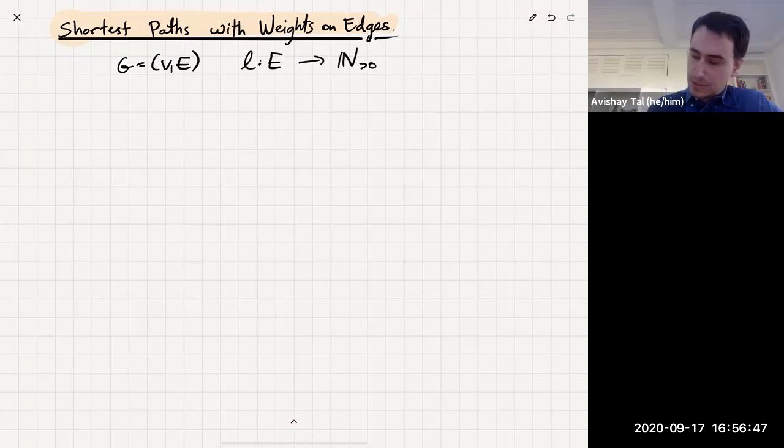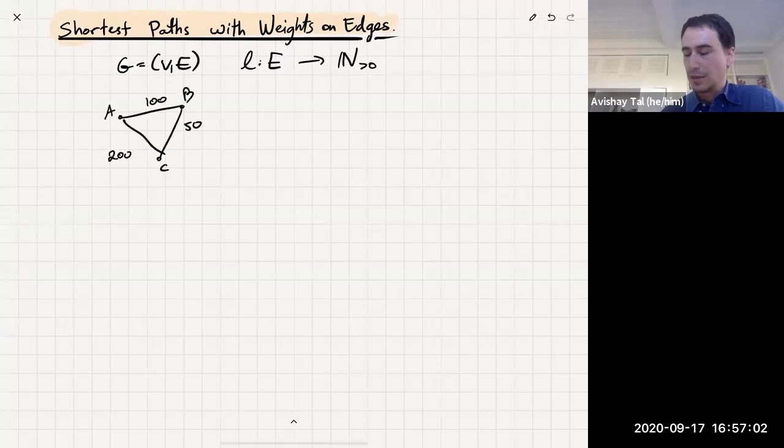All right, so let's see an example. Let's say we have A, B, and C, because it's a very simple example. And the distance here is 100, here it's 50, and here it's 200. So what's the distance between A and B? It's 100, right?